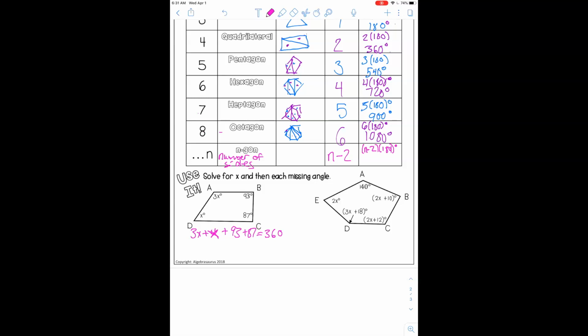So we combine our like terms first. So 3x plus 1x is 4x, and 93 plus 87 is 180.